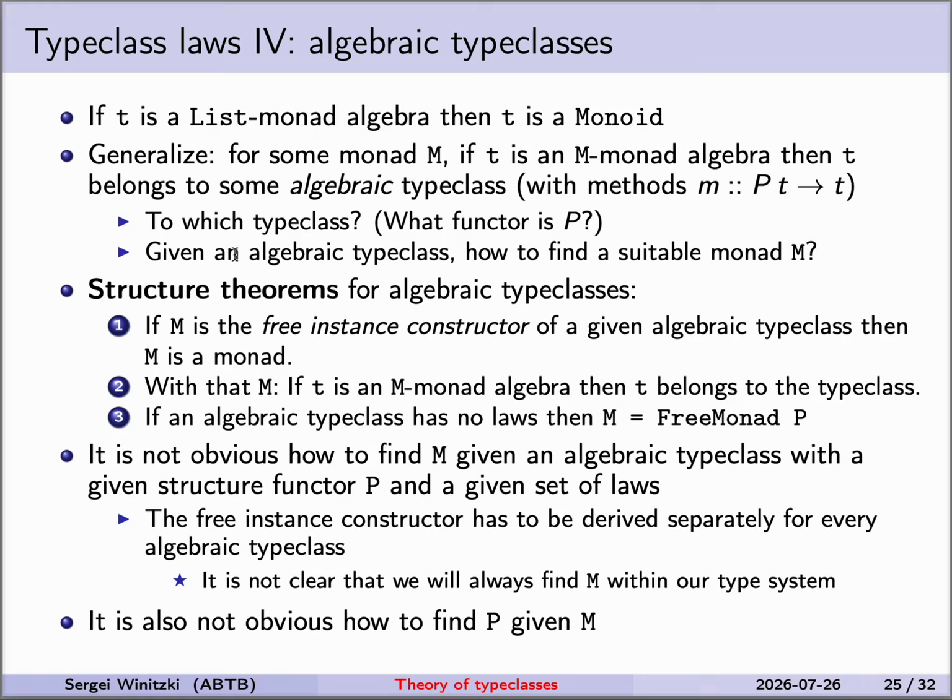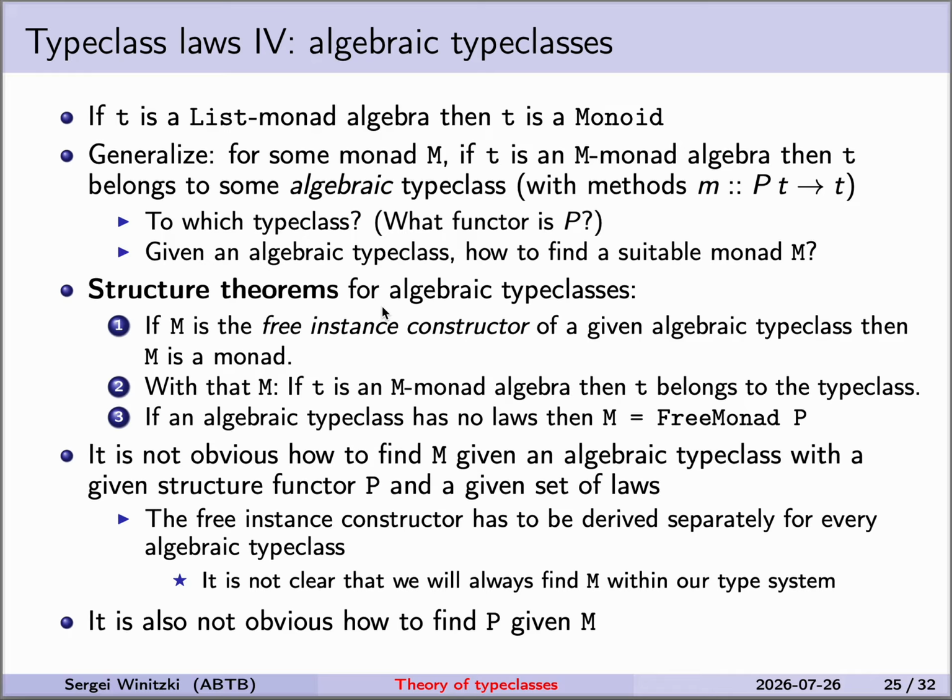And conversely, if I have an algebraic type class, can I find this monad M that magically will impose the right laws once I demand that the type is an M monad algebra? Both of these questions are very difficult, and I will not be able to answer them fully. I will answer partially, but essentially there are structure theorems, which I will explain, that partially answer these two questions.